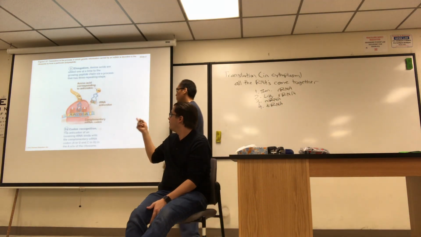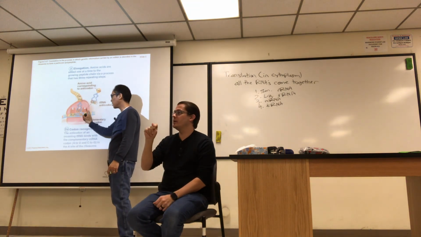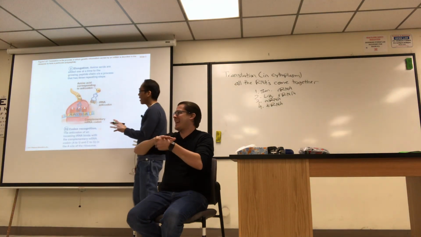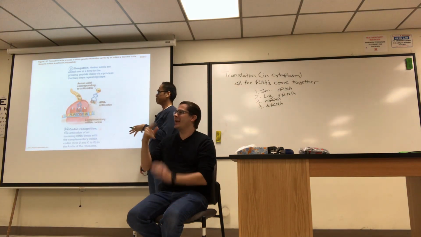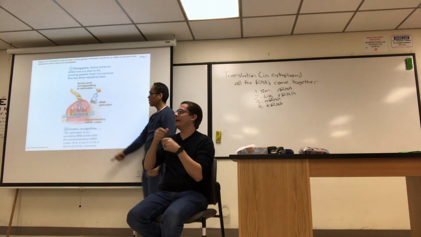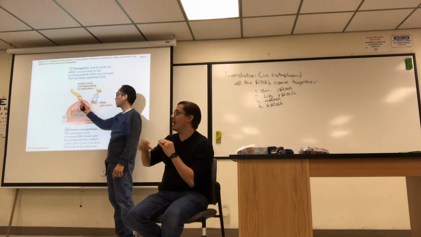There are the 2 subunits of the rRNA. They have these E, P, A sites. They show you midway through making a polypeptide chain. So the last one they added was proline.